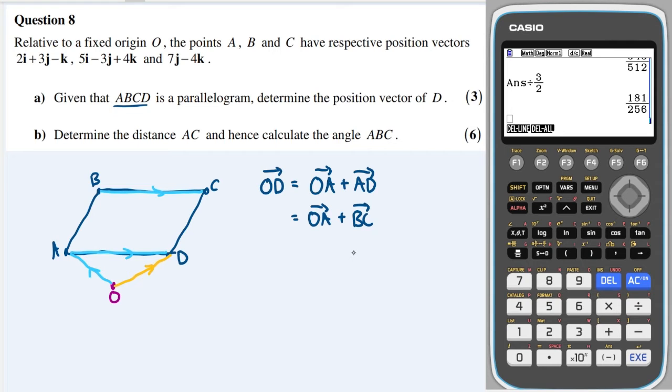Well, B to C is the same as O to C minus O to B.